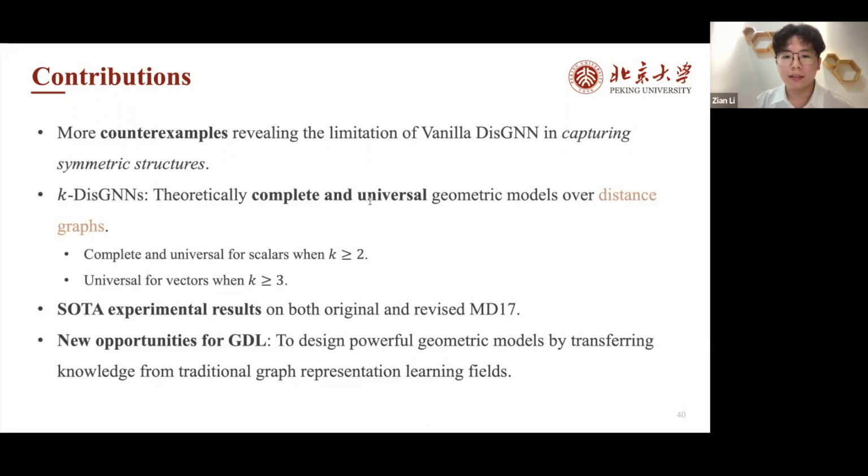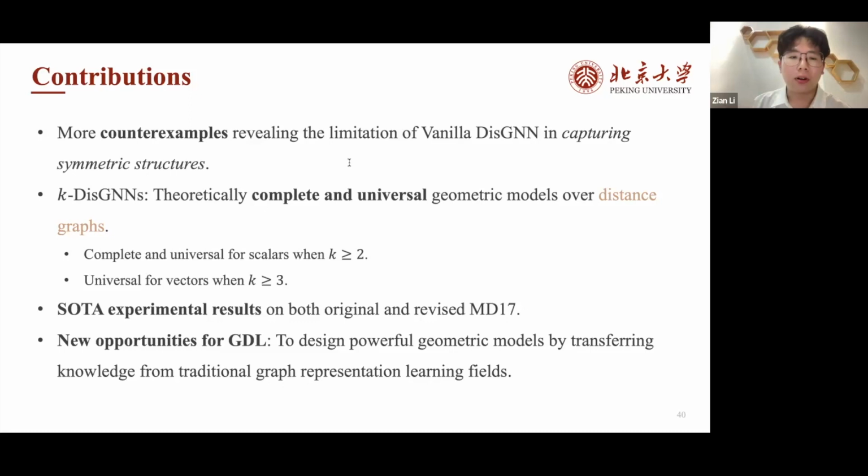Yeah, and I see Xiaojin's question, about MD22, which has larger molecules, right? And maybe also less noisy values. Yeah, actually, we haven't conducted experiments on MD22, but we will do this afterwards.